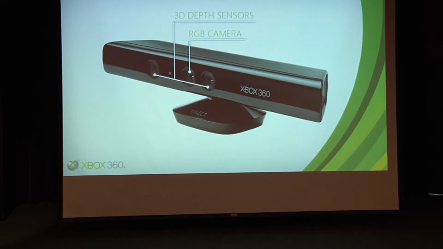You receive orders of magnitude more infrared by just stepping out of this building than from this laser, so it's perfectly safe. But what happens is, this laser emits an infrared beam into the space in front of it, and this camera is an infrared camera that reads the pattern back. And based on the difference between what is projected and what is read back, it'll perceive depth information, which we'll see in a second.